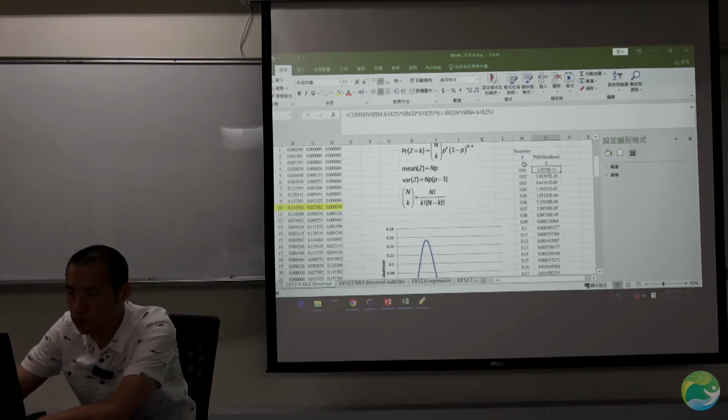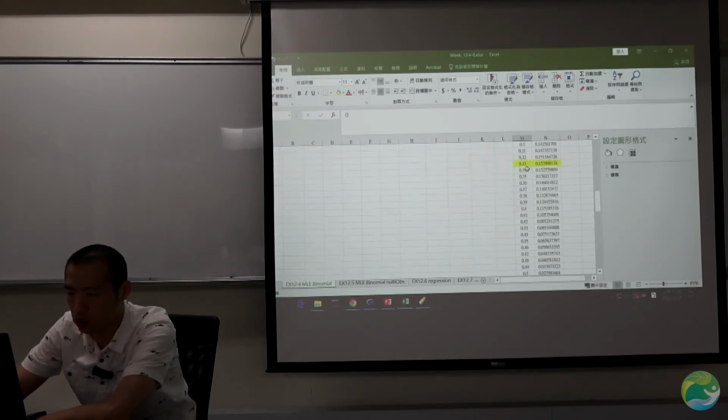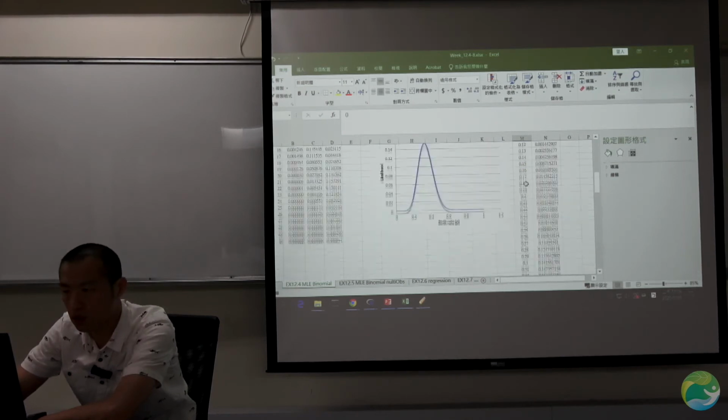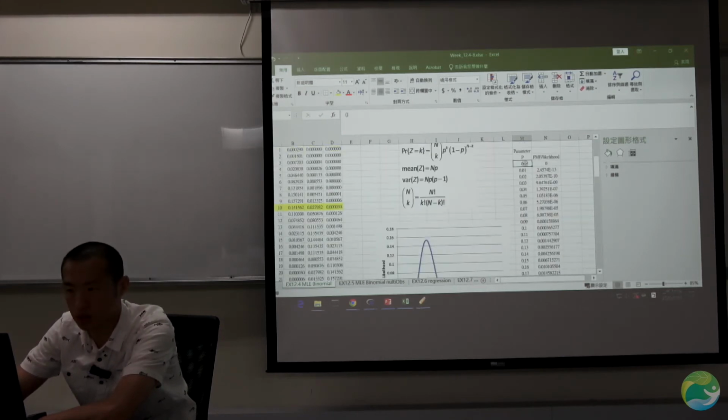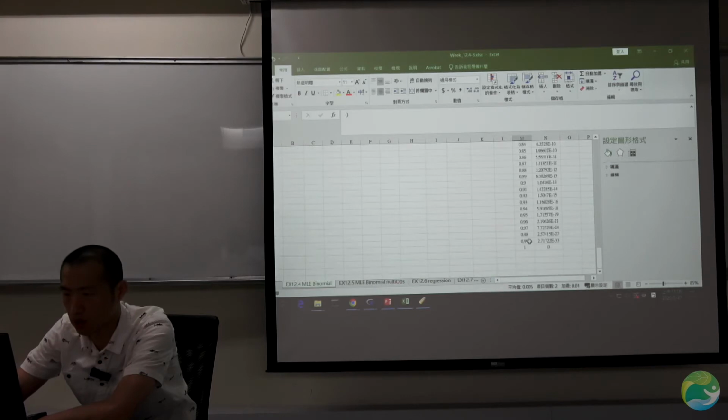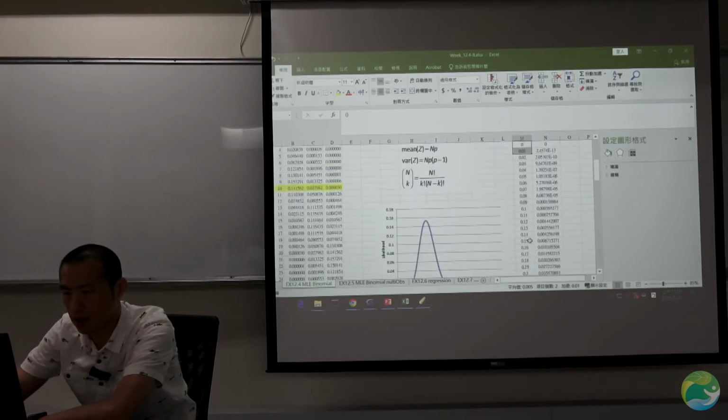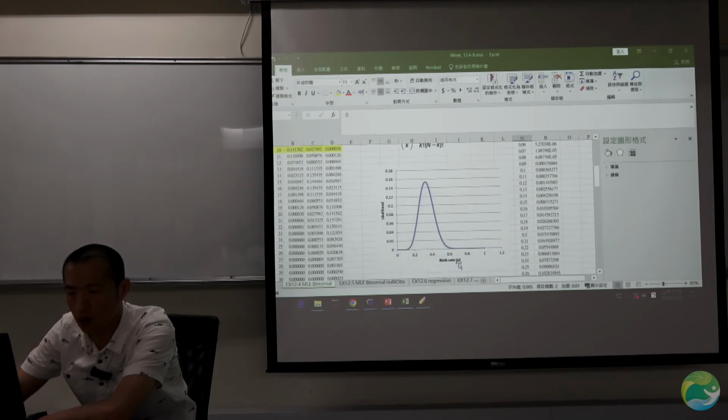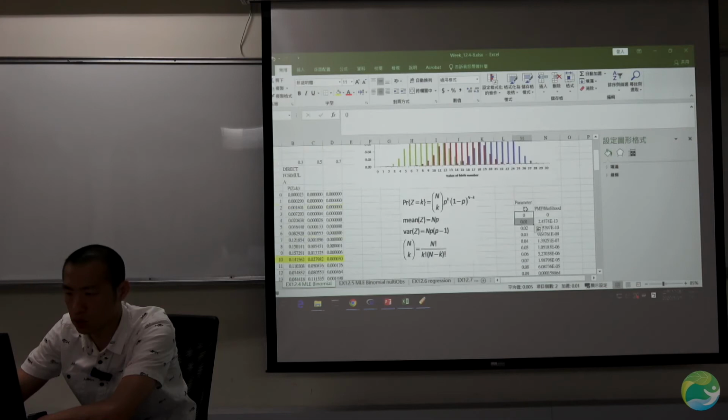We do a profile from 0 to 1, increasing in steps of 0.01, 0.02, until 1. Then we plot the value of p and the value of the likelihood.